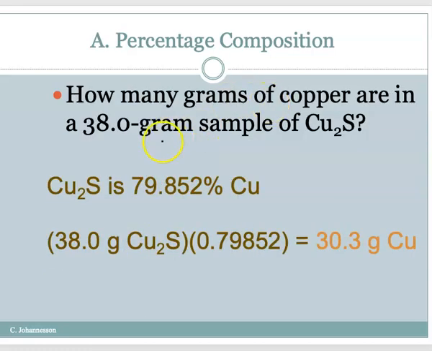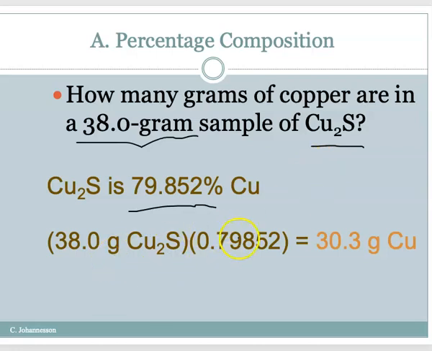All right, let's say you had a 38-gram sample of copper 1 sulfide, same compound we looked at in the first example, and you want to figure out how many grams of copper you're actually going to get from a 38-gram sample of copper 1 sulfide. From the previous work, we know that 79.852% of copper 1 sulfide is actually copper.